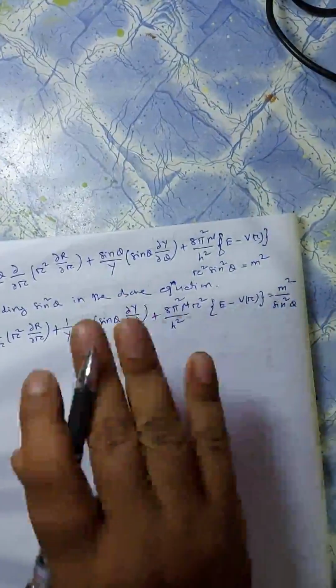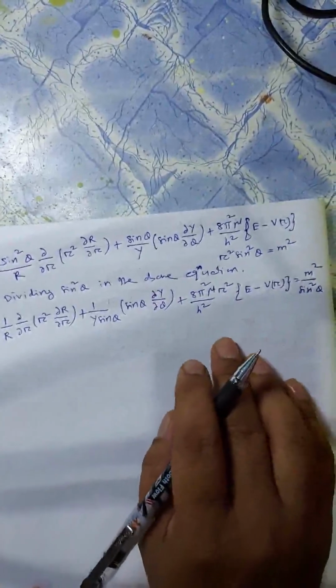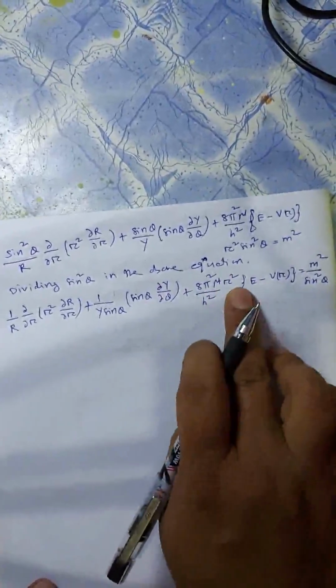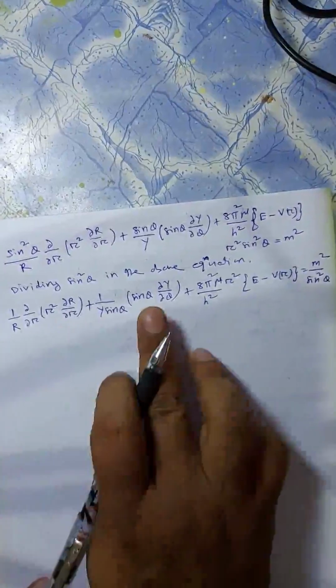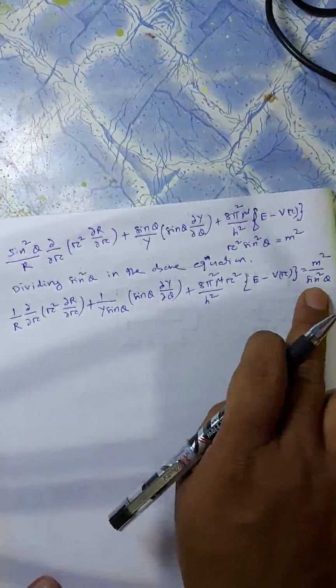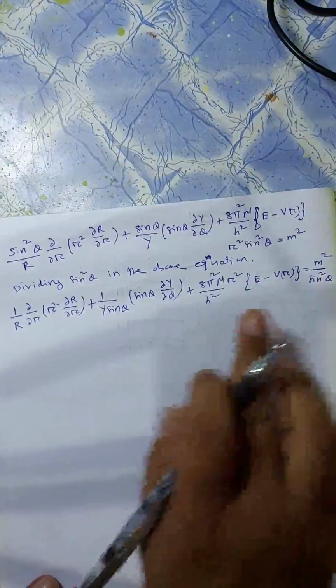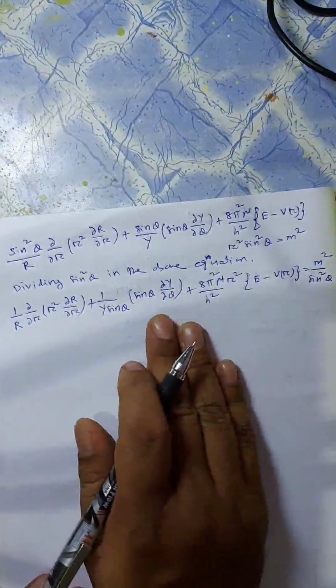We divide both sides by sin²θ. This is the equation. Here you see, this is a function of r, this is also a function of r, and this one is a function of theta, and this one is also a function of theta. Keep r on one side, take theta to the other side.